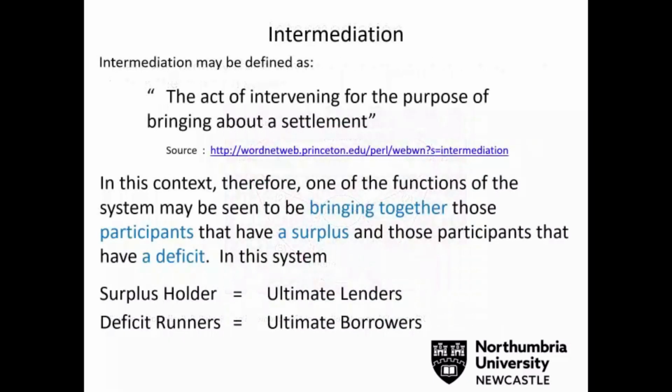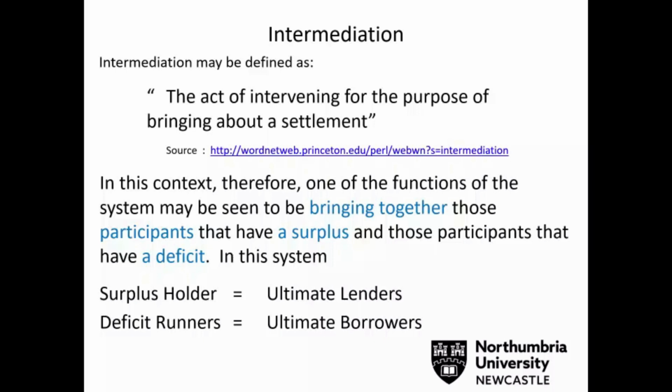So just to recap that diagram, the intermediation definition is the act of intervening for the purpose of bringing about a settlement. Obviously, the concept of bringing about a settlement is the name for the transaction between getting deposits and lending out and borrowing.